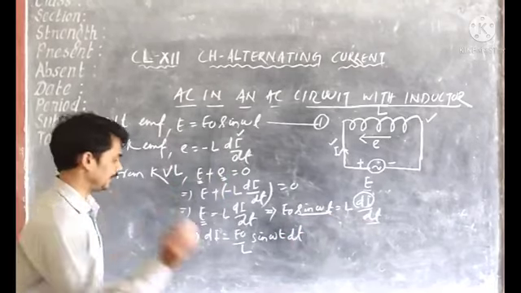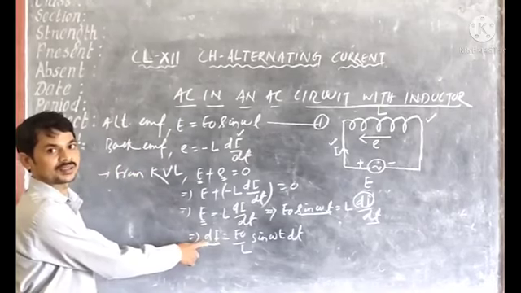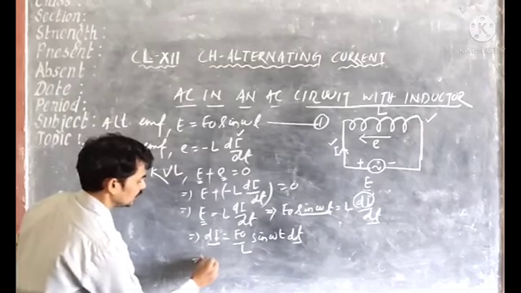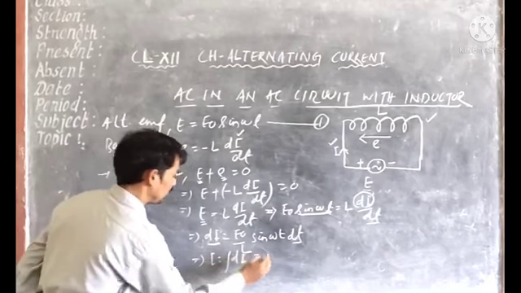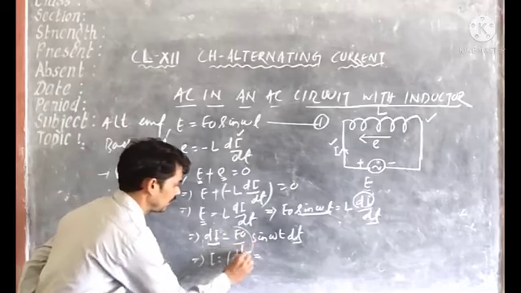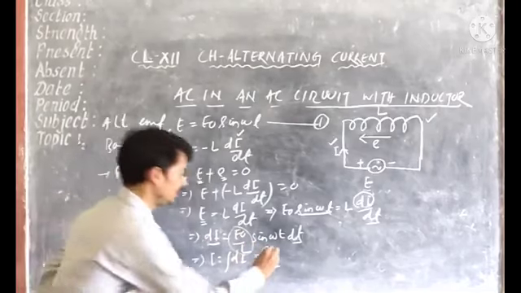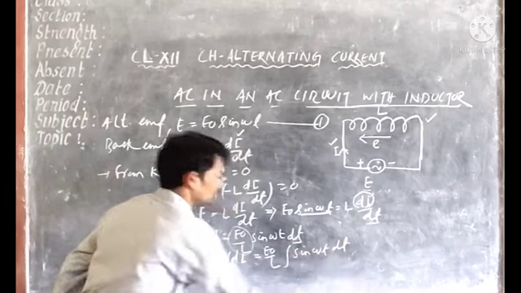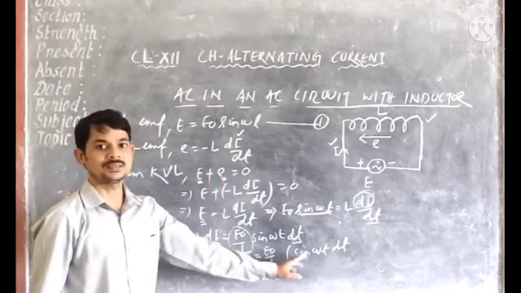Now to get the current at any moment, we have to integrate this small current over any interval dt. So I is equal to the integration of di, which equals, on the right hand side, E naught by L, which is constant, taken outside, times the integration of sin omega t.